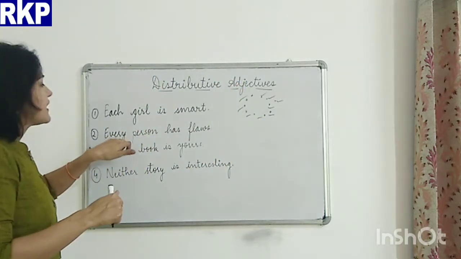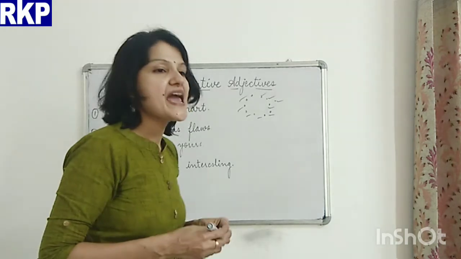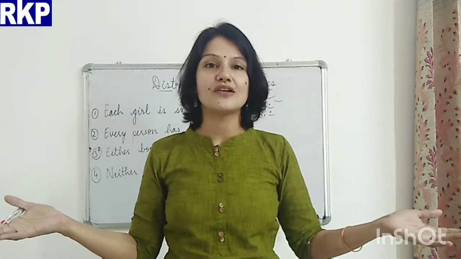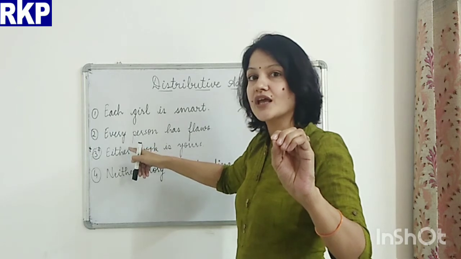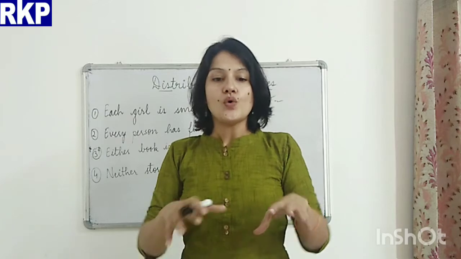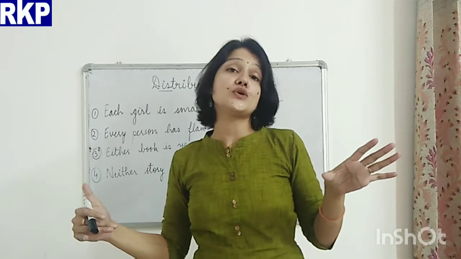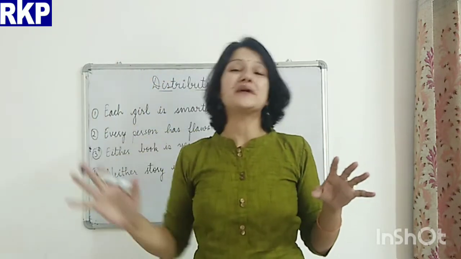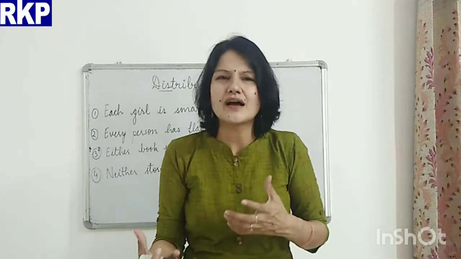Now next is every person has flaws. Now when I say every person, by every person I mean every person alive in general, right? So this is the basic difference between each and every, right? When we say each, actually we know who we are talking about, right? But every is used in general sense, like for everybody, right? Every person has flaws. Flaws means shortcomings, right?